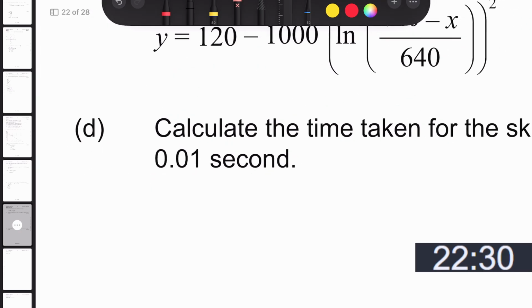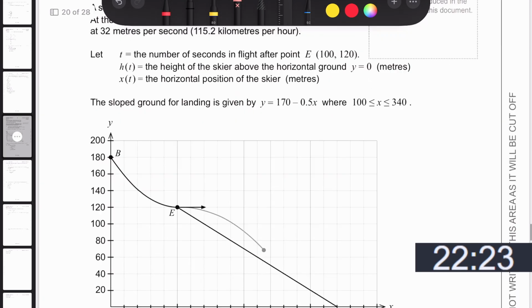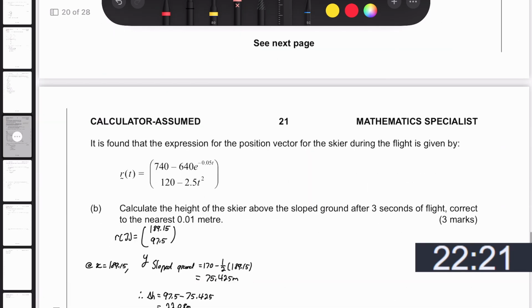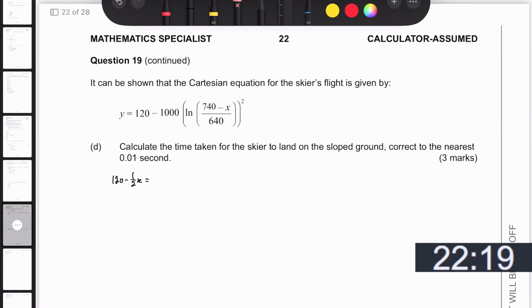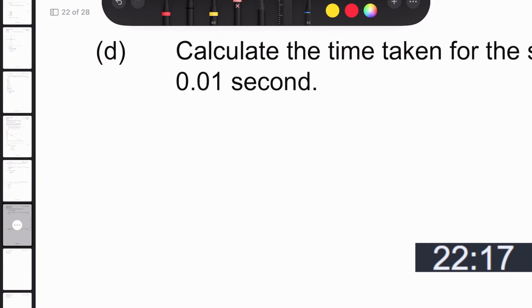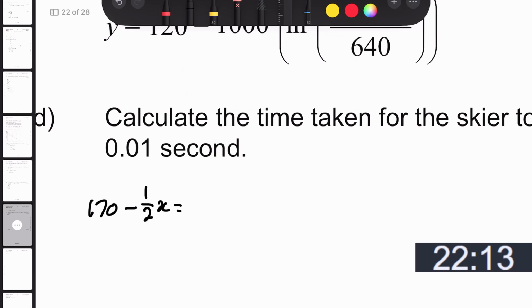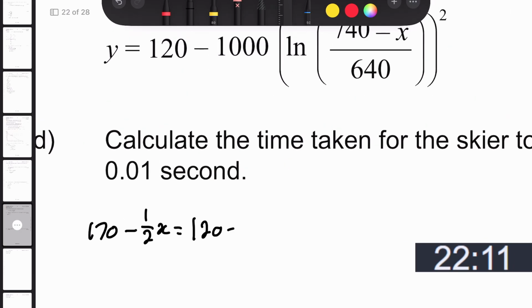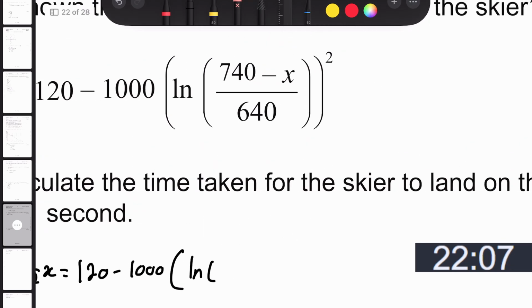So let's say 170 minus half of x is going to equal 120 minus 1000 of ln of (740 minus x on 640), and this is all squared.